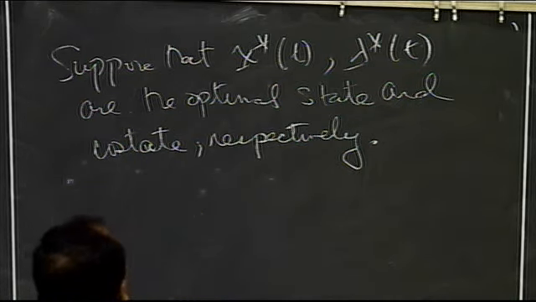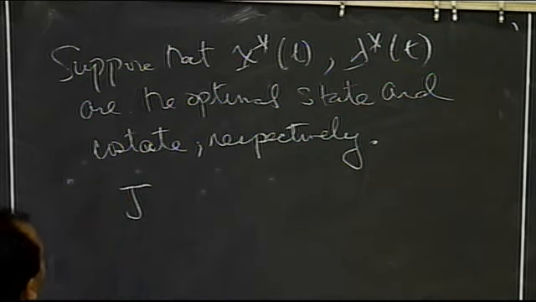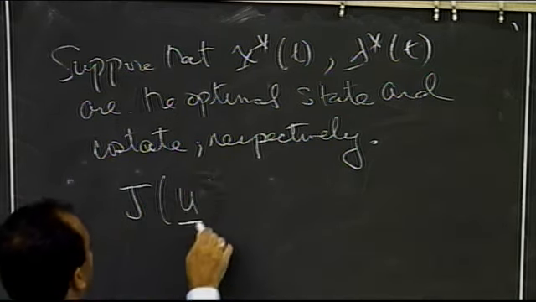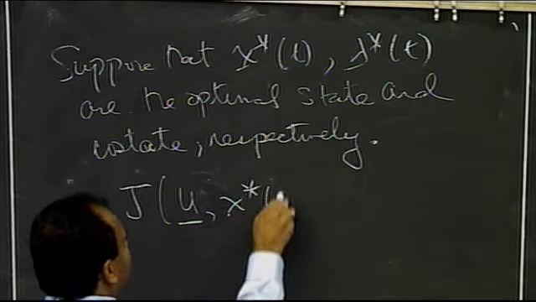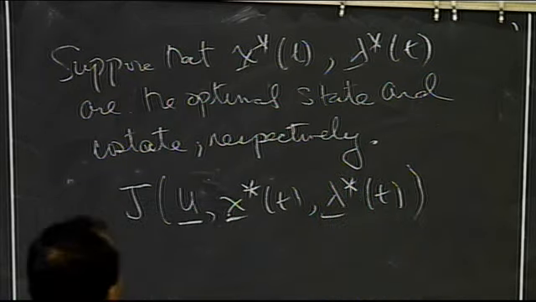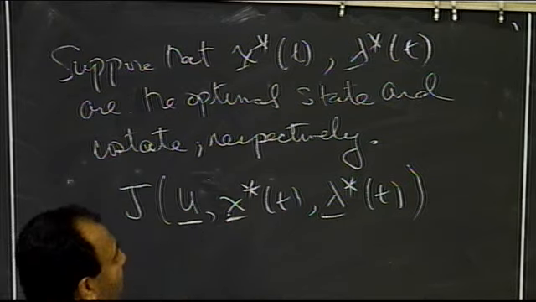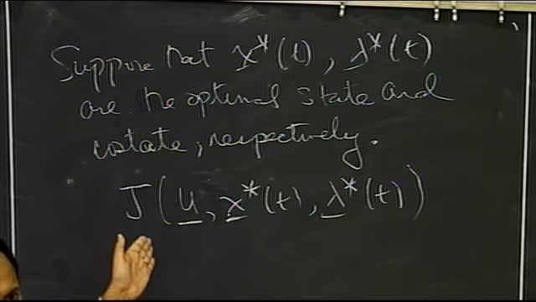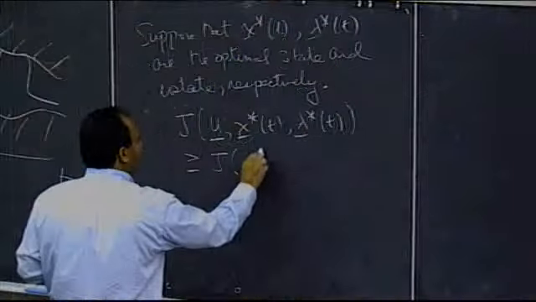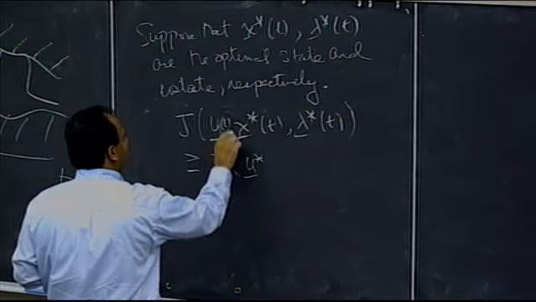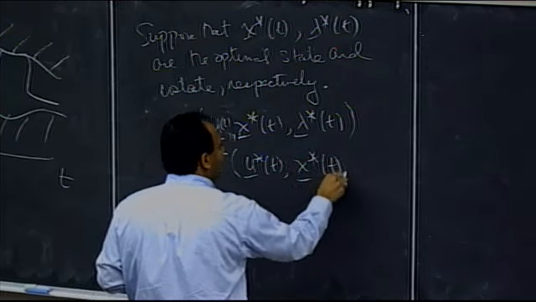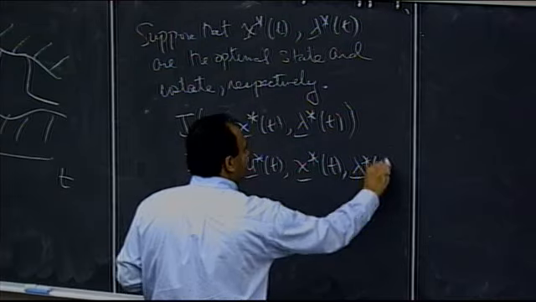Now, we know that the cost functional, if I evaluated it at any value u, holding the state and the costate fixed at their optimal values, that is the cost functional of the original optimal control problem, has to be bigger than or equal to the cost functional when I evaluate it at the optimal control, again holding the state and the costate fixed at their optimal values.